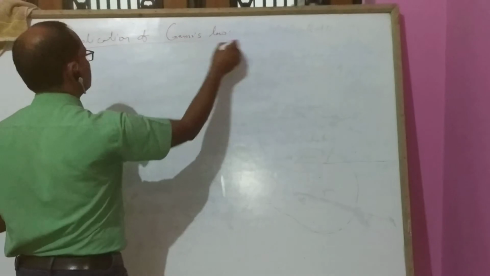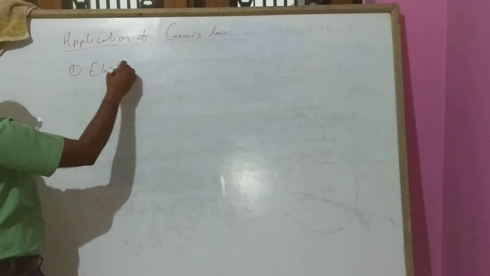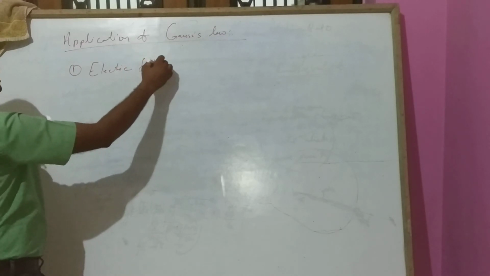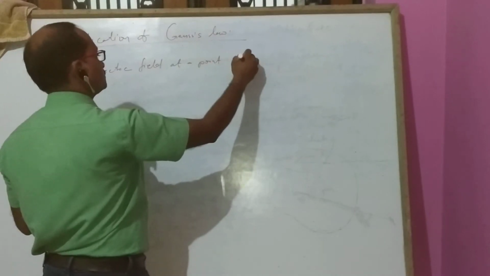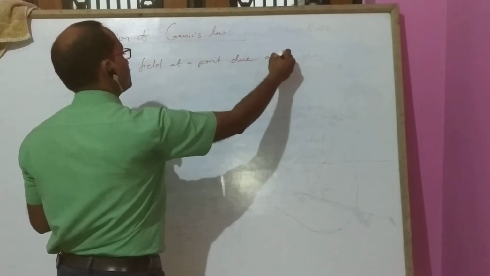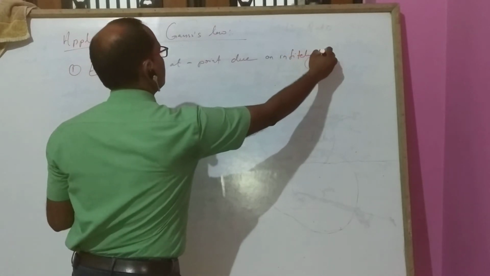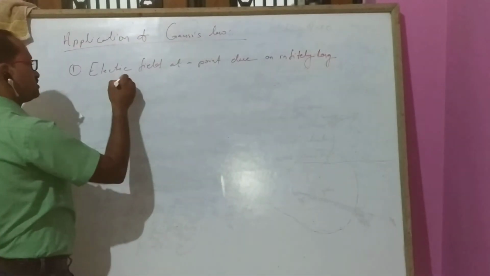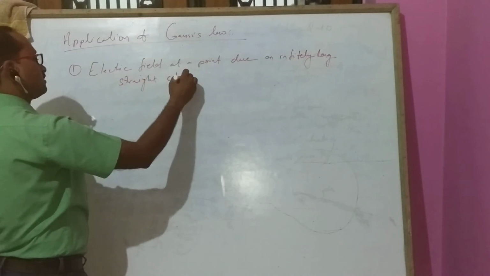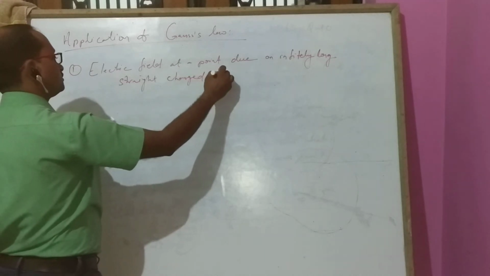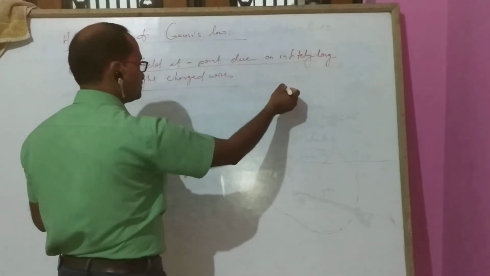Application of Gauss's law. My first example is the electric field at a point due to an infinitely long straight charged wire.